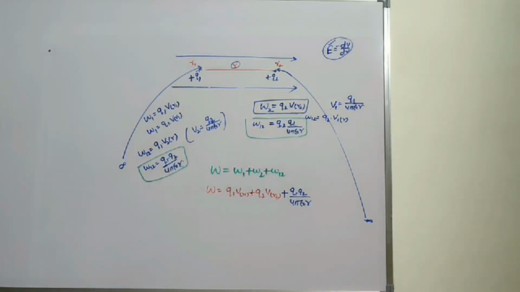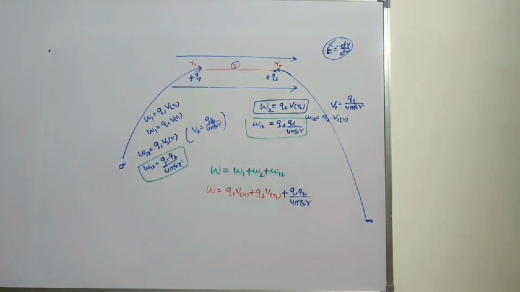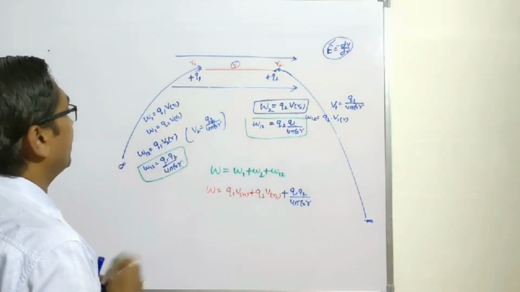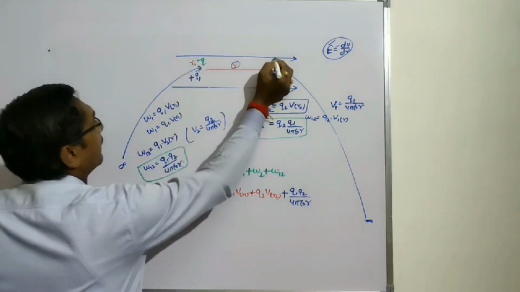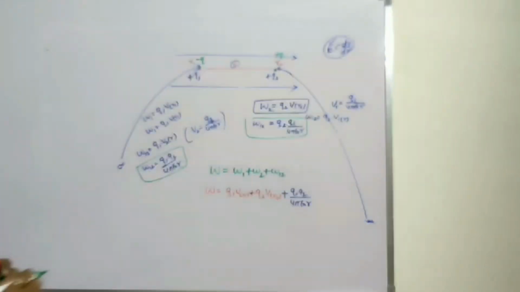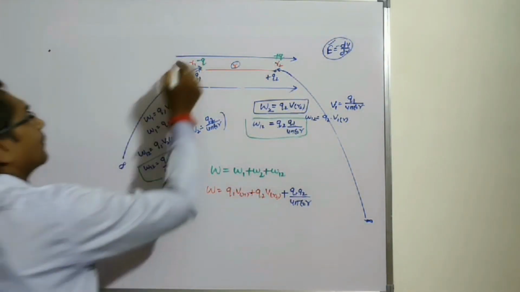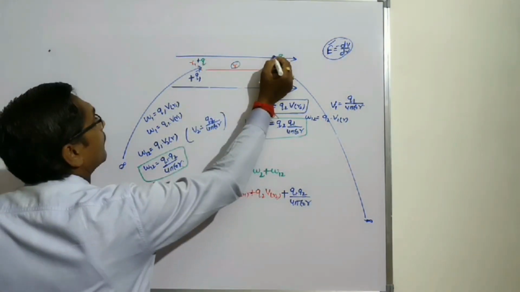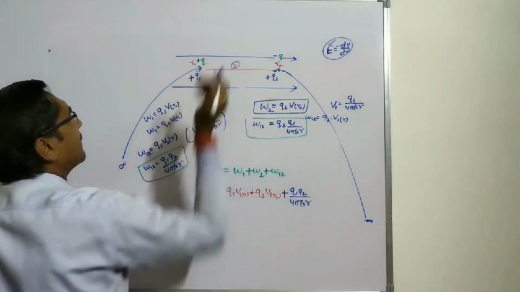Suppose one charge is positive and one is negative, and the magnitude of the charge is equal. It means we place an electric dipole in a non-uniform field. What is the expression of potential energy? Suppose this is plus Q and this is minus Q, or the other way, it doesn't matter.